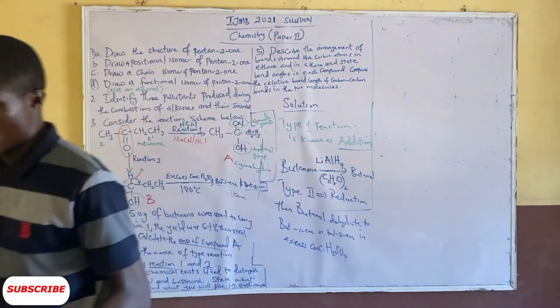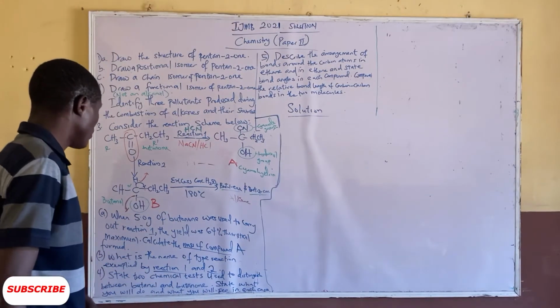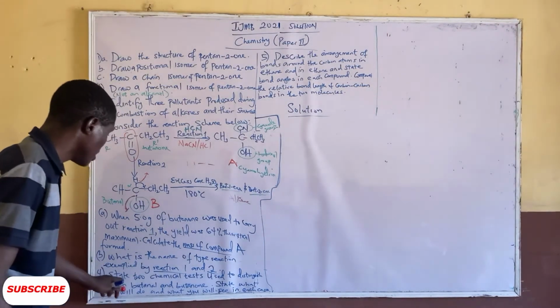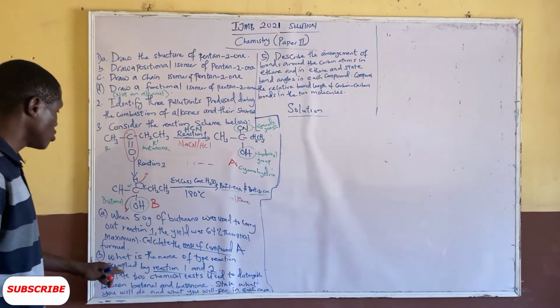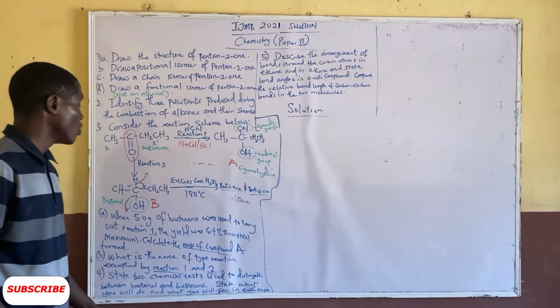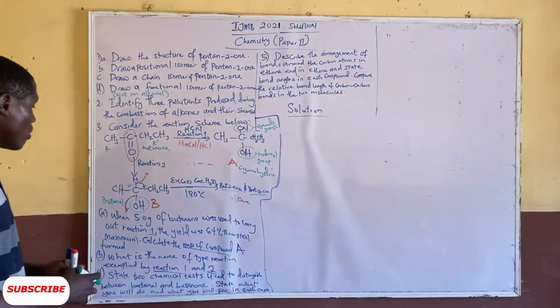Question number 4. Question number 4 says: state 2 chemical tests used to distinguish between butanal and butanol. The 2 chemical tests used to distinguish between butanal and butanol.